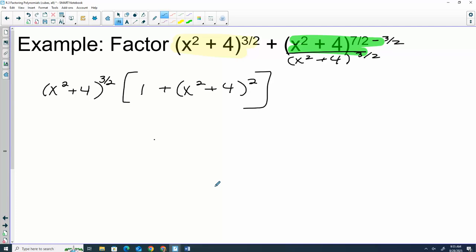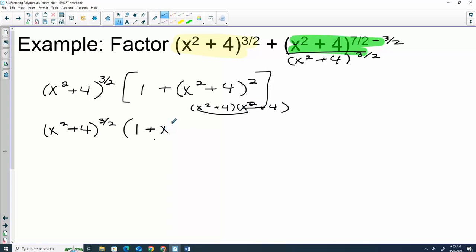What if I told you to clean that up? What would you have to do on this inside? If you want to square x squared plus 4, that means you have 2 of them. We have to FOIL that.